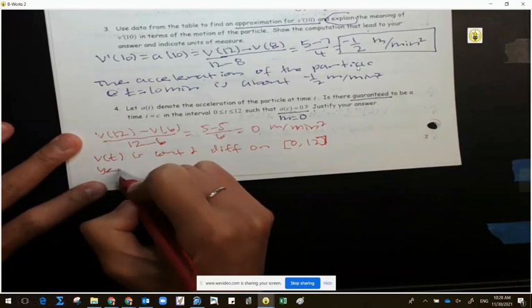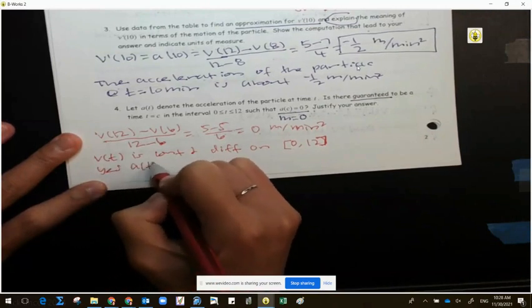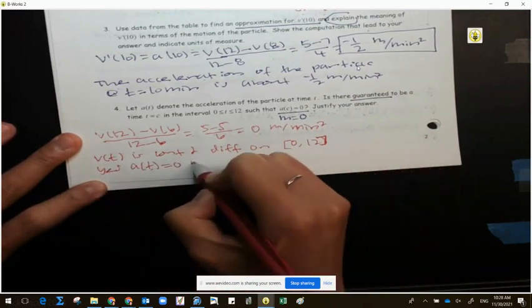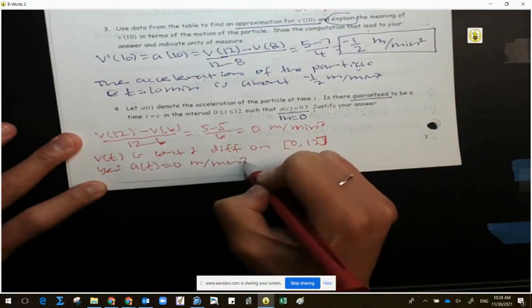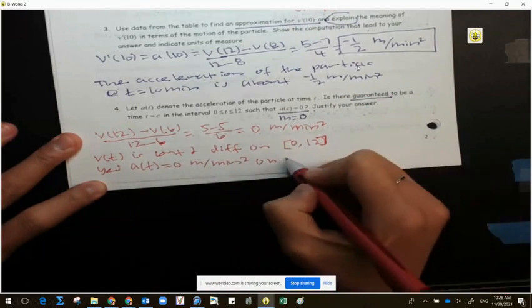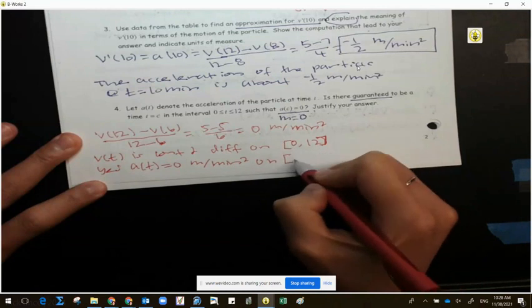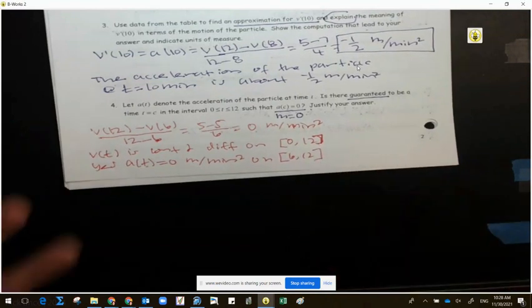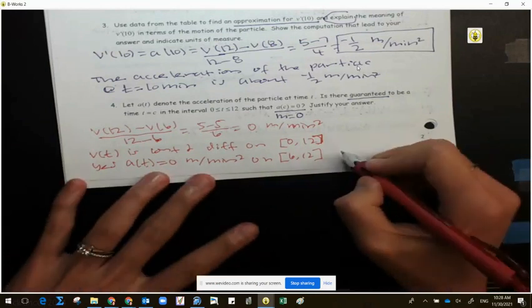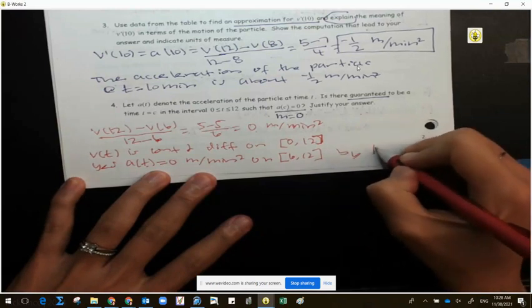And we could say yes, A of t is equal to 0 meters per minute squared on our interval that we found, which is 6 to 12. What theorem do you think this might give us? Intermediate value theorem or mean value theorem? Yep, by mean value theorem.